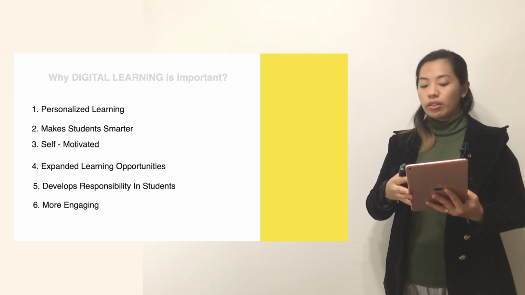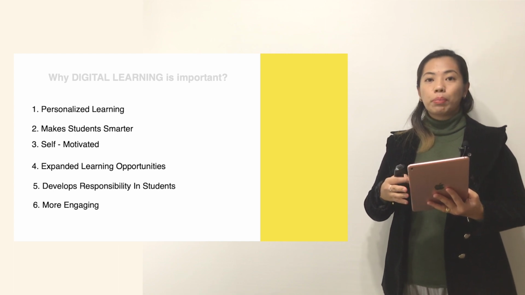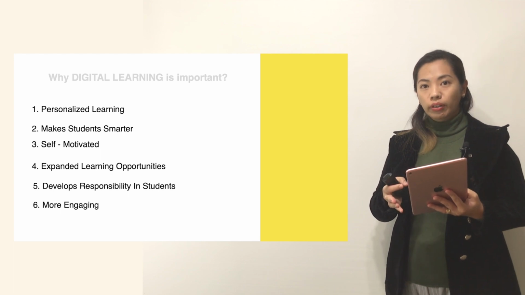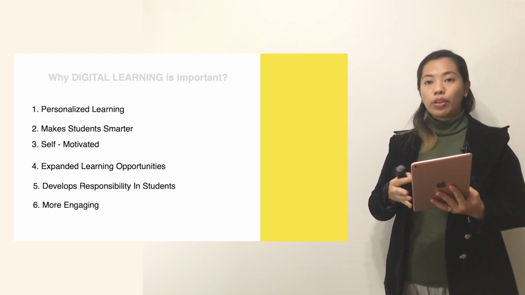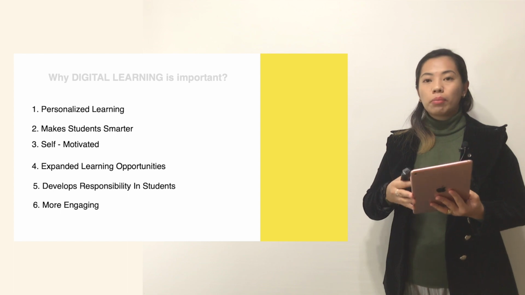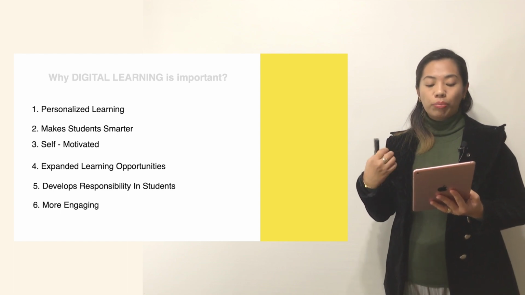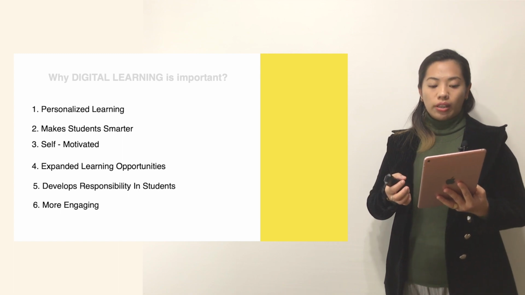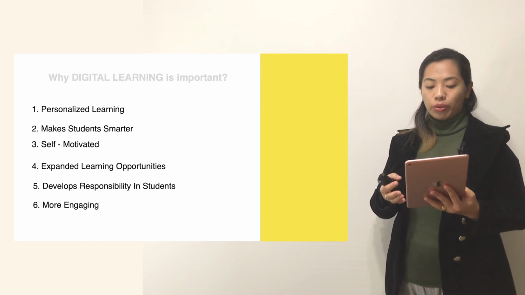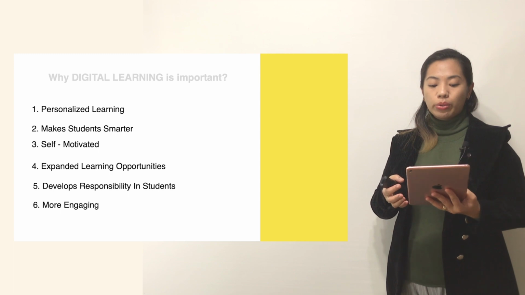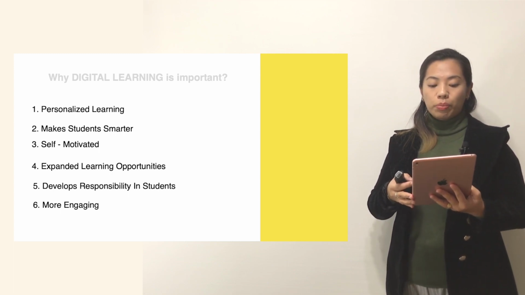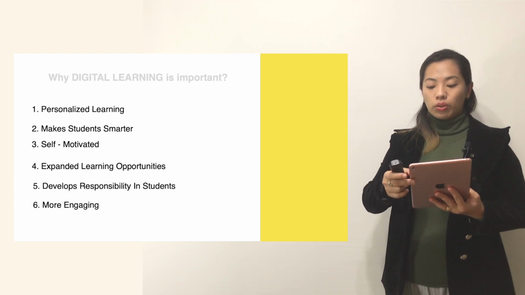Okay, such as it can personalize learning, it can make the students smarter, it makes them think critically about it. It makes the learner more self-motivated. Okay, they can learn more and they can be more interactive through digital learning. It can also expand their learning opportunities. It can develop responsibility in the students.